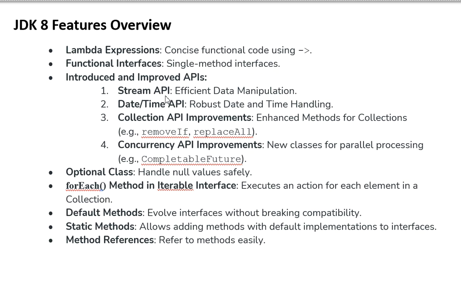If you look at the lambda expressions, they are concise functional code using the arrow symbol, and functional interfaces are single method interfaces, which accept only one single abstract method.